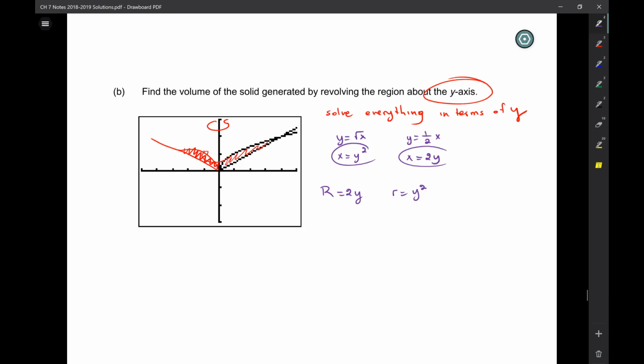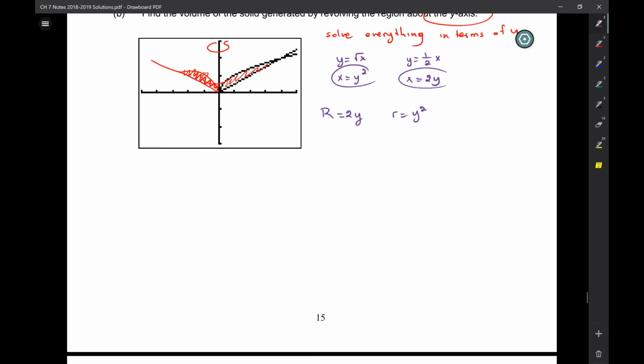It's always from the axis of revolution to farthest graph, axis of revolution to closest graph. Okay? All right, so now my volume, it's going to be dy.